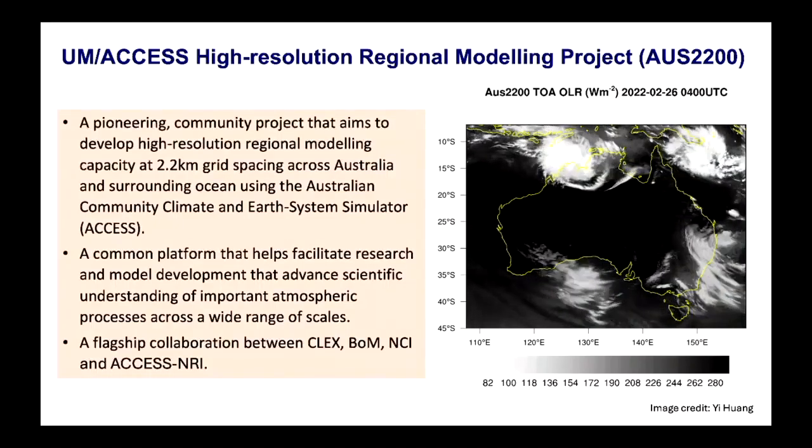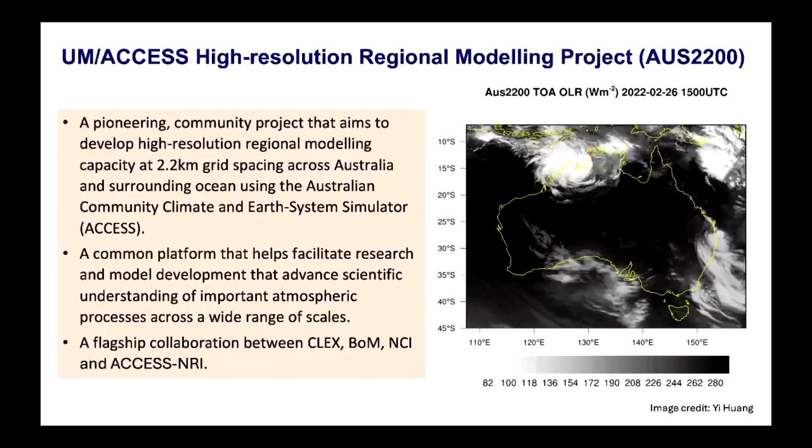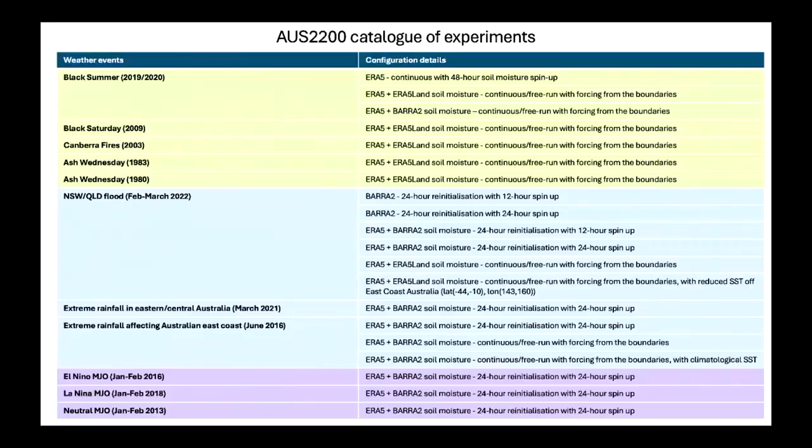Some of you probably still remember this record-breaking flooding event. In addition to that, we also ran quite a number of experiments capturing different events and studying a full range of weather, ranging from bushfire weather to all these flooding and extreme rainfall events.